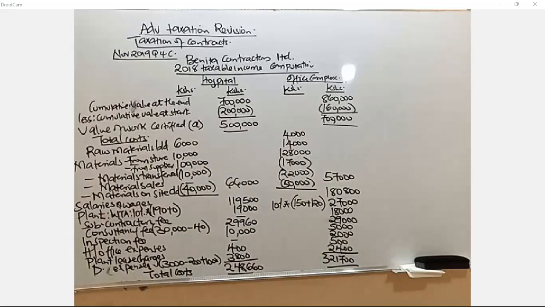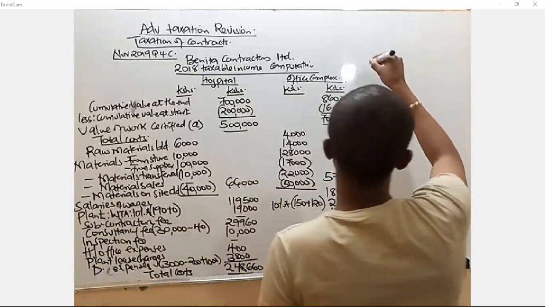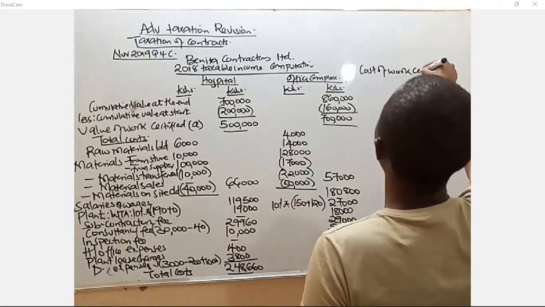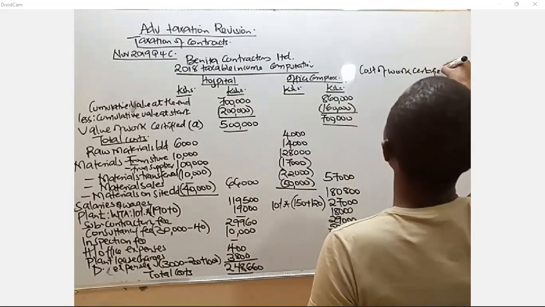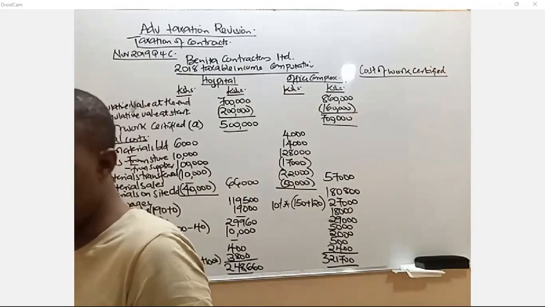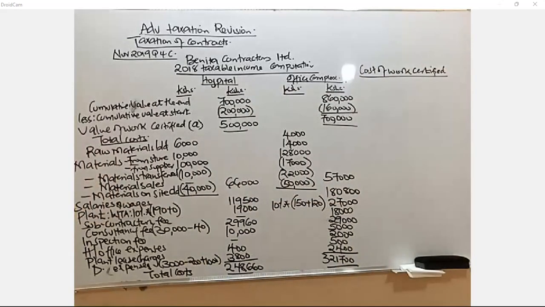Now, there is a small working, because to determine the taxable income, we said let us look at the value of the work certified and subtract the cost of work certified. Then it means we don't have the cost of work certified. How am I going to do it? The cost of work certified is very simple.